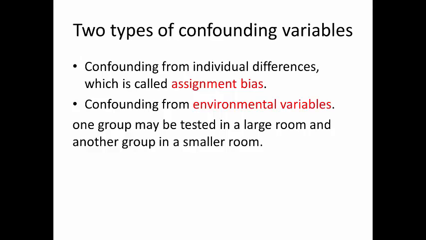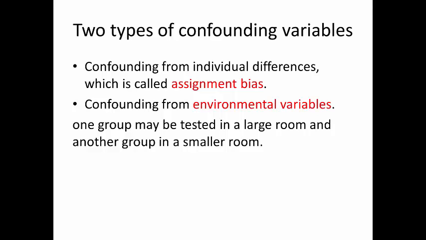One is called the assignment bias, in which one group is different from the other group from the beginning, and it's because we didn't do random assignment, so it just happened that one group was higher or different from the other group. The other type of confounding variable is the environmental variable.